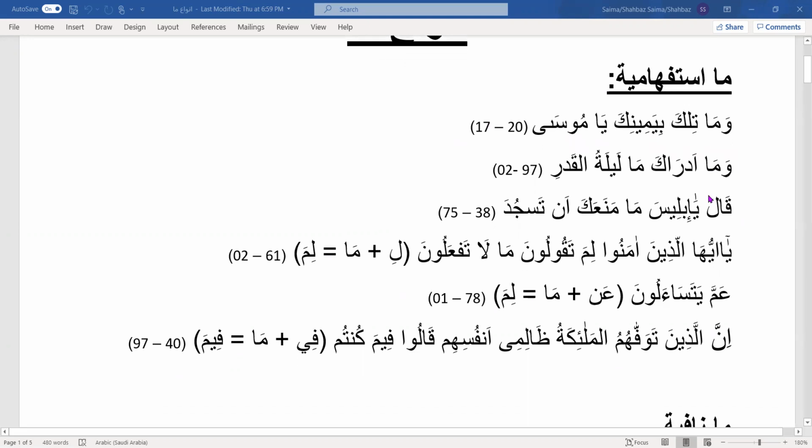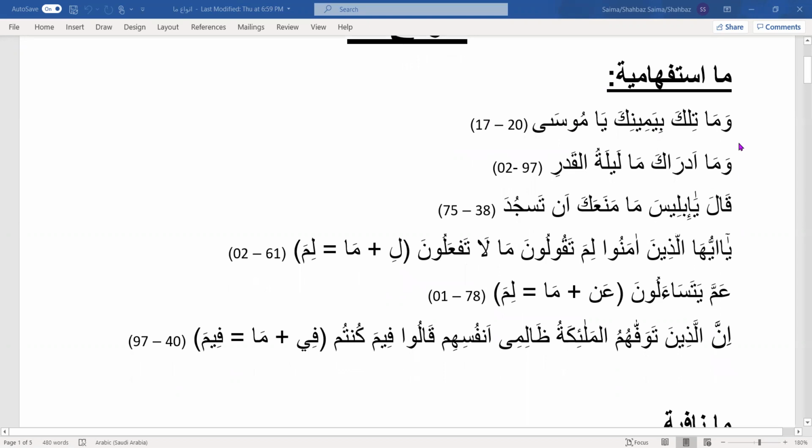And the first example I wrote is, A'udhu billahi minash shaitanir rajim, وَمَا تِلْكَ بِيَمِينِكَ يَا مُوسَى. Can anybody translate that for me? Brother Naeem, would you mind? Yeah, sure. What is this?